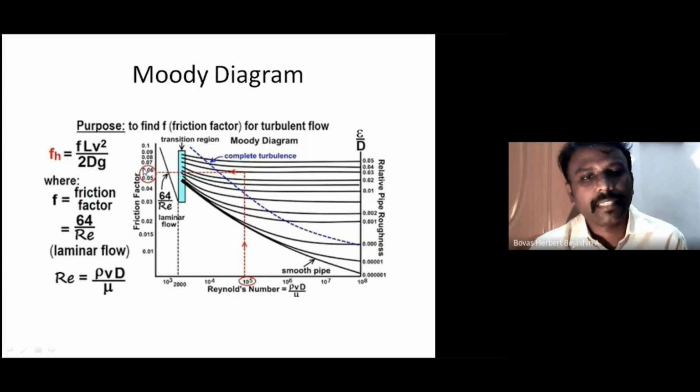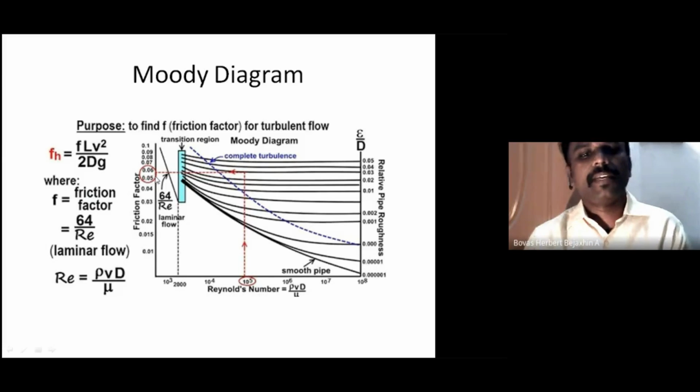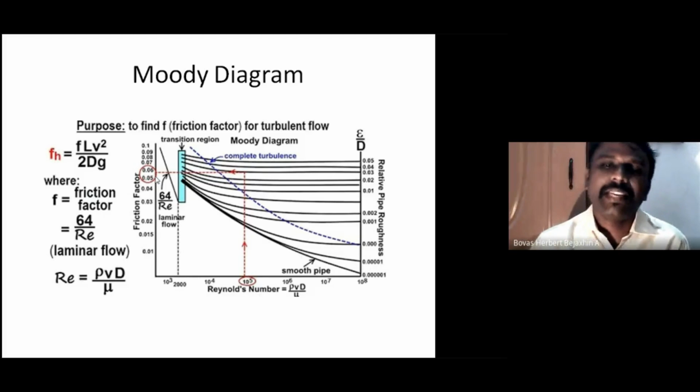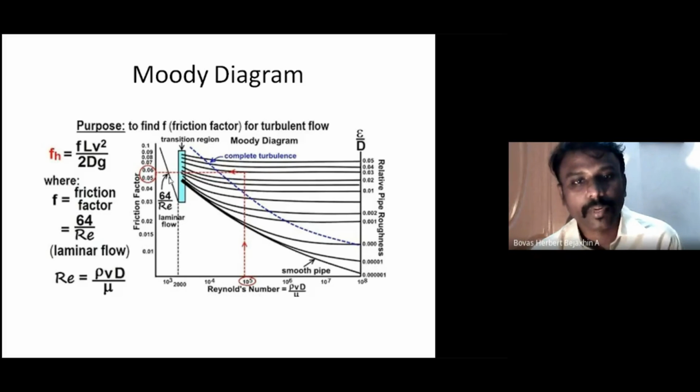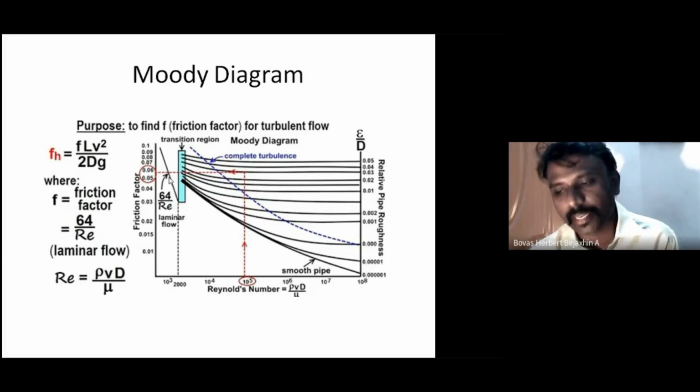Here it is in between 0.05 and 0.06, so 0.055 is the exact value. That is the friction factor. So we can easily identify the friction factor by using the Reynolds number and relative pipe roughness. The Moody diagram is majorly used for this.